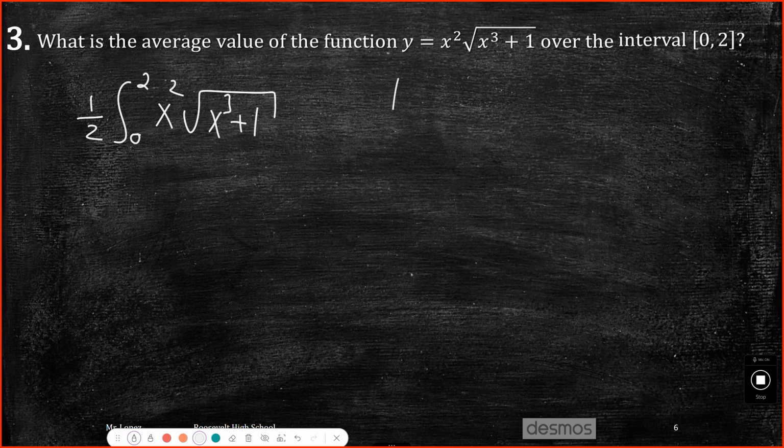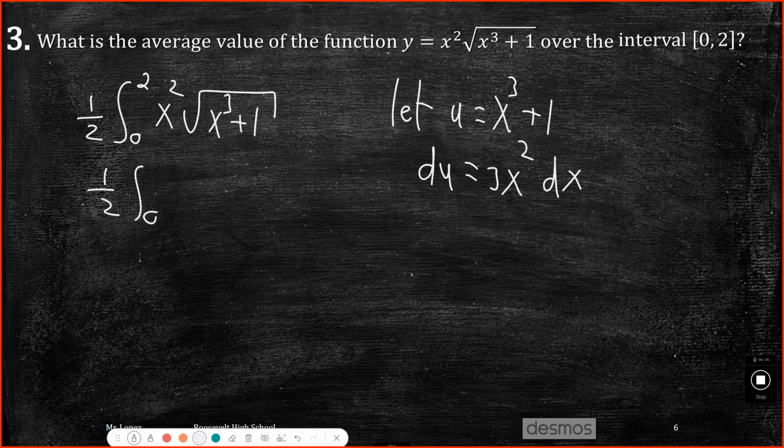So we said let u equal x cubed plus 1, du is 3x squared dx. Then we're going to have the square root of u, and x squared dx, so you have to divide by 3, giving 1/3 du.